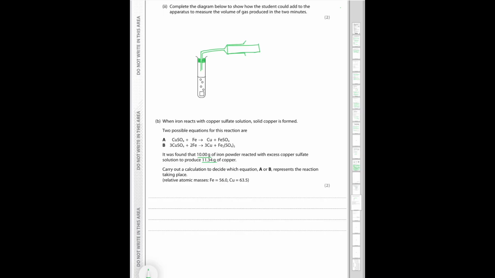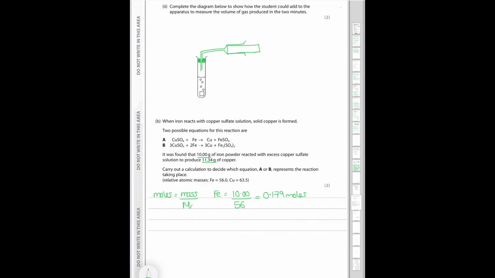So if we remember our equation where the number of moles is mass divided by molecular mass, for iron, we can work out that if we have 10 grams and we divide it by the molecular mass, which is 56 grams, that gives us 0.179 moles.